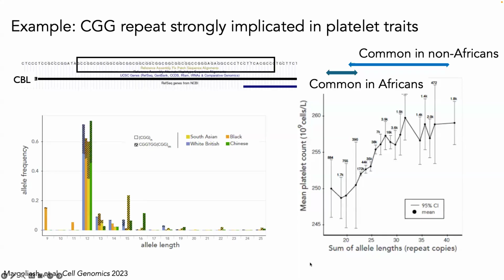So this is one cool example of how something can appear to be ancestry specific. Similar to the ACAN example, if the range of lengths is very different across populations, and especially if it's a nonlinear trend, one population could have lengths in the range where we saw an association, and the other population just has lengths outside of that range, and that's why this appears to be an ancestry-specific signal.